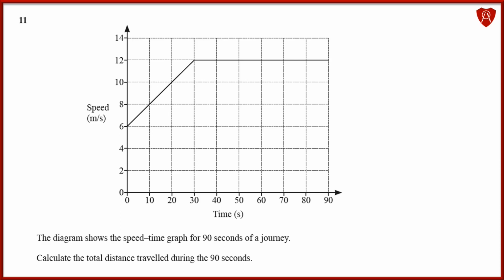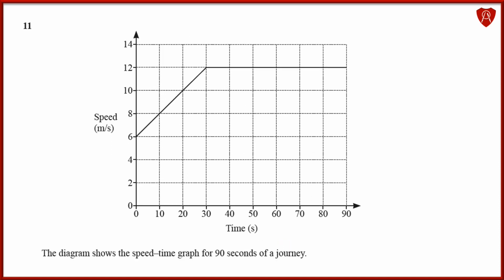Speed time graphs. The diagram shows the speed time graph for 90 seconds of a journey. Calculate the total distance traveled during the 90 seconds. Just remember that on a speed time graph, the distance is found by calculating the area under the graph.